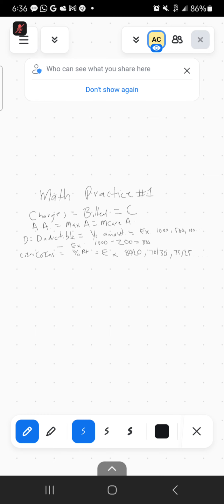We could have co-payments. Co-pay is a fixed amount. Okay, this is a fixed also. Fixed amount. Well, instead of being per year like before, this is per visit.